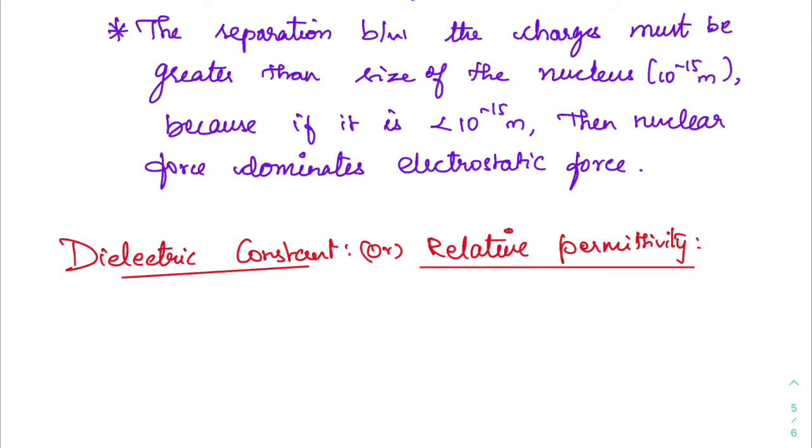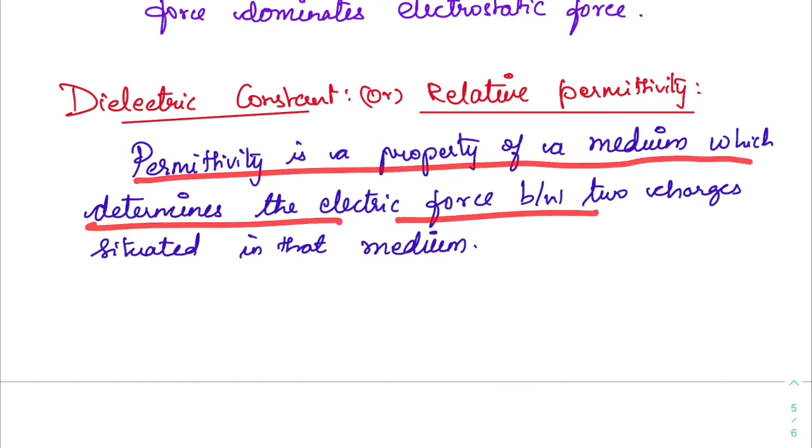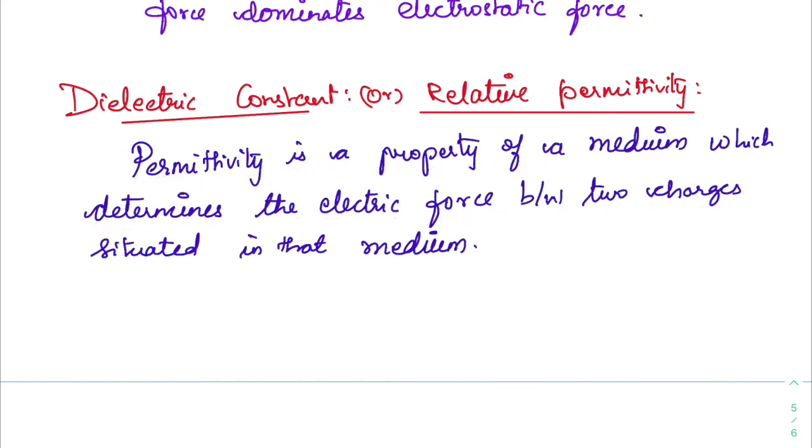So permittivity is nothing but the permission given by that particular medium for the forces to be experienced between the charges. In simple words, permittivity is a property of a medium which determines the electric force between two charges situated in that medium, which means the property of a medium which allows the forces to be experienced between the charges. That is what permittivity of a medium is.